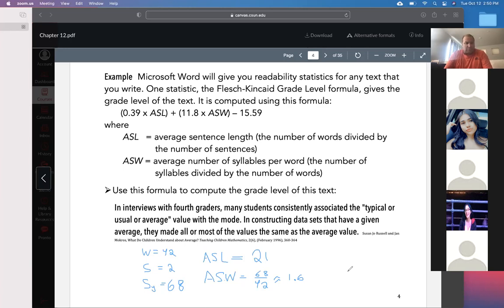What do you get? 11.48. So I got 11.7. Maybe because did you use 1.6 here, or did you use 1.619047619? What did you use at that point?